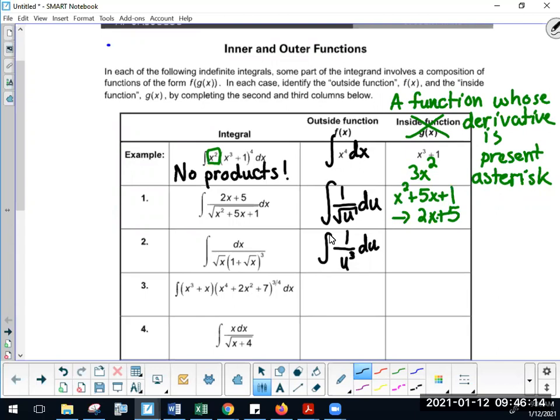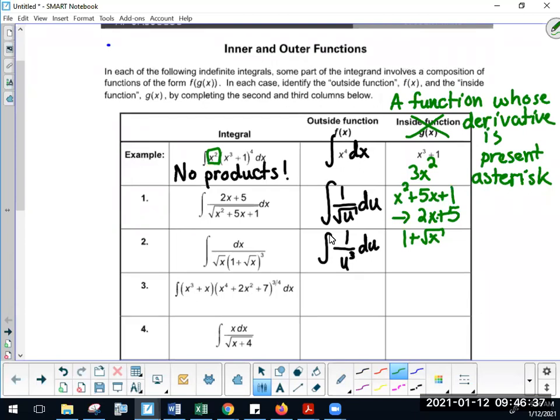Here's what's standing in our way. We have inside of that cube in the denominator 1 plus the square root of x. In order for our substitution scheme to work out, the derivative of 1 plus the square root of x needs to be in the integrand.